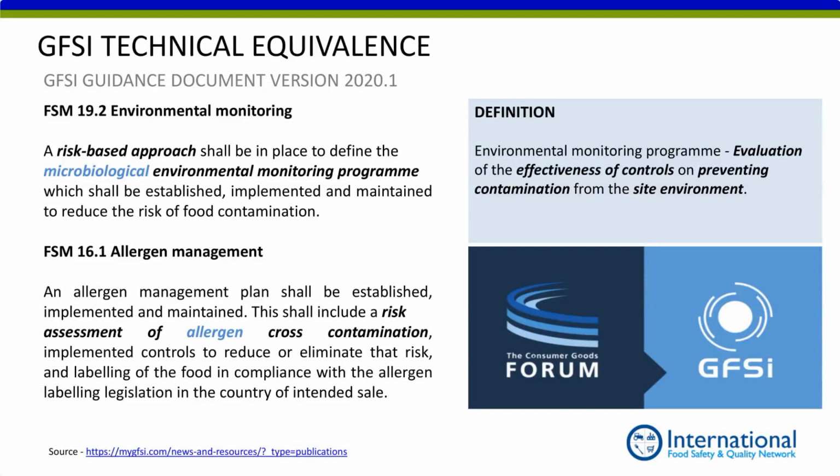So this allergen contamination could also happen. That's why I also included the requirement for allergen management. An allergen management plan shall be established, implemented, and maintained, and this shall include a risk assessment of allergen cross-contamination. So you see, they have it in their requirement.